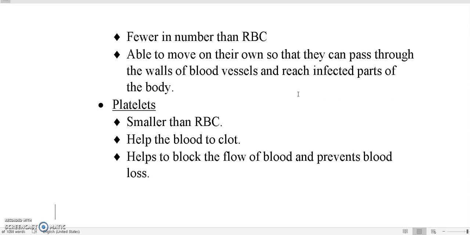So these platelets are responsible. Because of the platelets only, the flow of the blood is blocked there after some time, and it prevents blood loss, which is very good thing, all right. So it helps to block the flow of the blood and prevents blood loss.